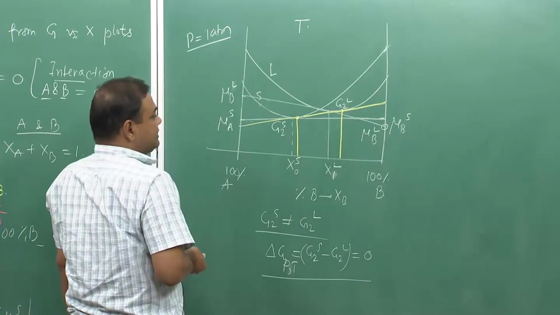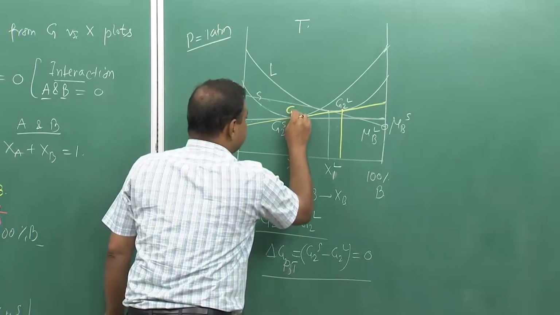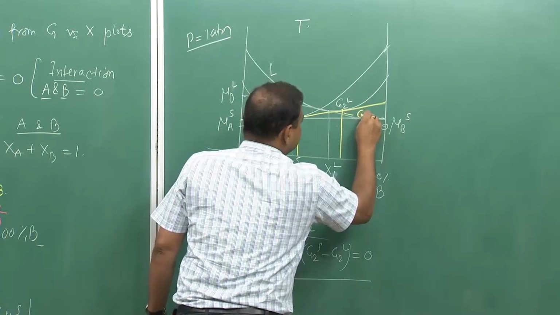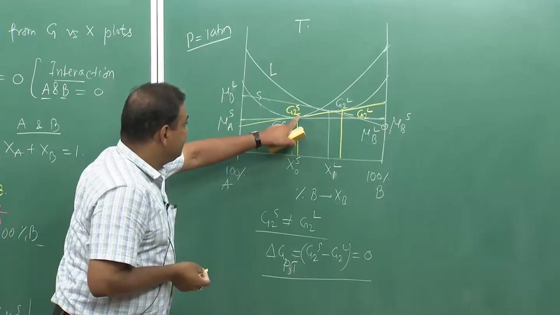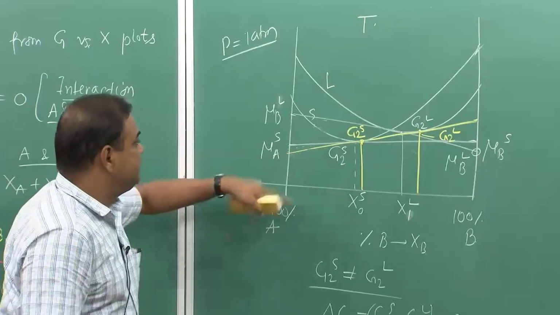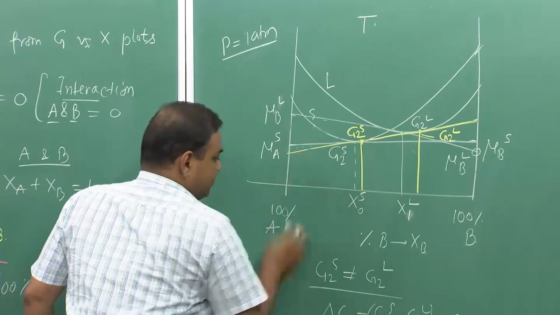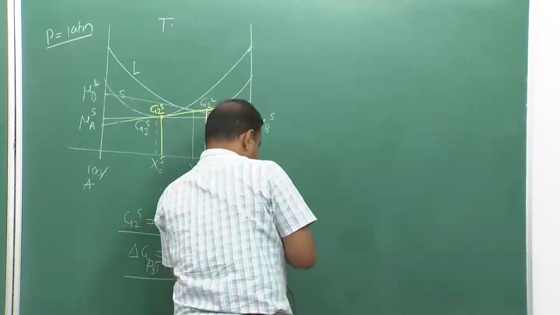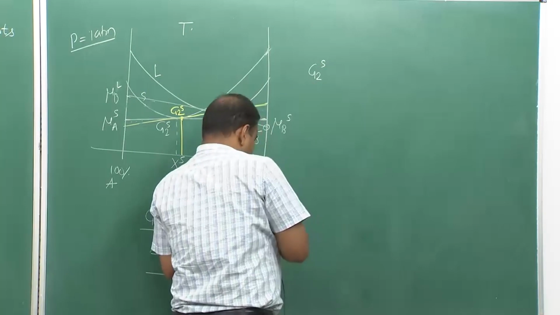So, these 2 points, that means here we can find out G2S and here also we can find out G2 liquid. And interestingly, the equation for this line, if it is solid, I can make this equation, which is G2 solid.